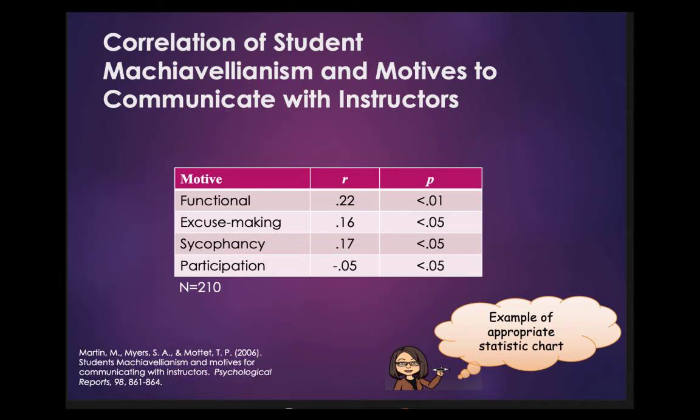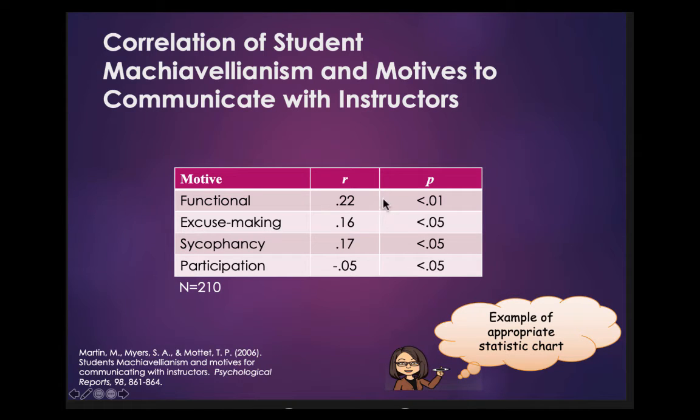Here's a statistical chart that is a simple table. It shows a common statistic called R, an effect size, and says how reliable that statistic is with the column P. Somebody who was familiar with this technical lingo would be very comfortable with this. The chart points out the relationship between students who are Machiavellians and their primary motives for communicating with instructors.